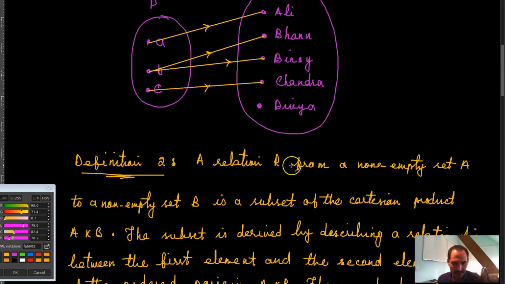So we said that the relation R from a non-empty set A to a non-empty set B is a subset of the Cartesian product of the set A times B. So the Cartesian product of these two sets would of course contain all of these elements over here, meaning that you would have A2, you would have all of these, right?